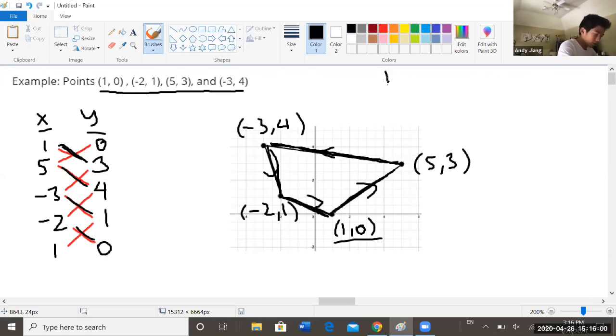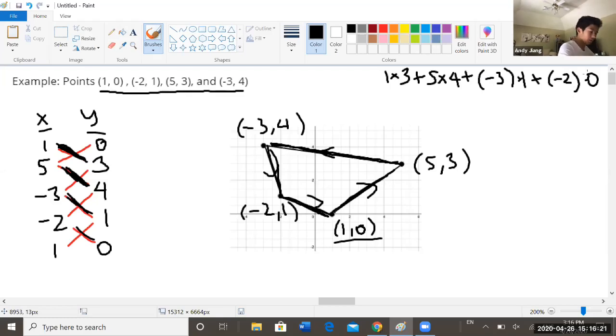So I take 1 multiplied by 3, which is that. Add it to 5 multiplied by 4. Add it to negative 3 multiplied by 1. And then add it to negative 2 multiplied by 0. Okay, so that's my first term.